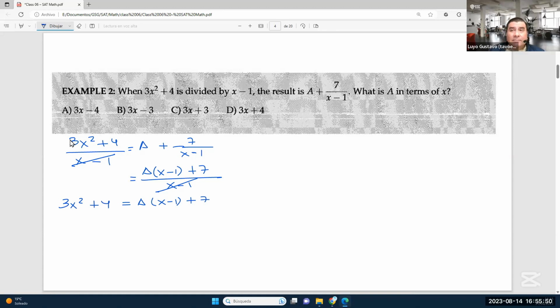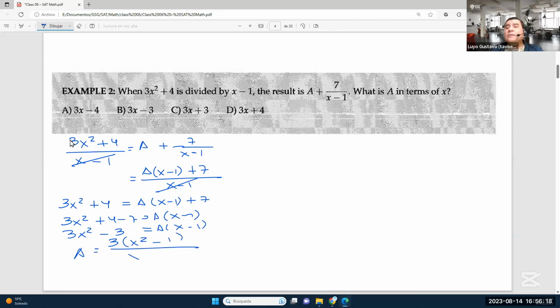So what is a? Well, isolate a. You have 3x squared plus 4, take away 7, equals a times (x minus 1). This is 3x squared, take away 3. And finally, dividing everything by x minus 1, you have this. Factor 3, here x minus 1. And what can you see?